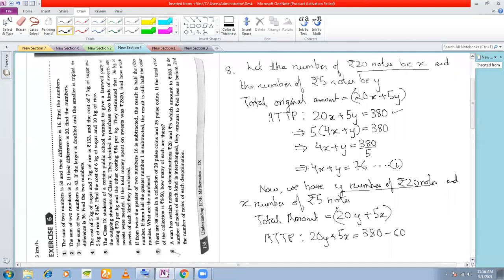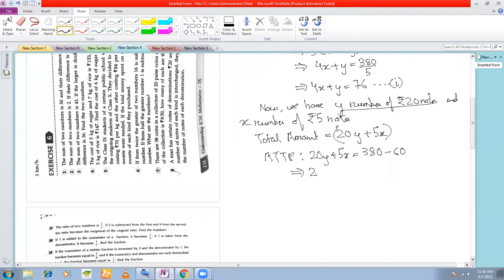So this will give you a second equation. You can take the factor 5 common.